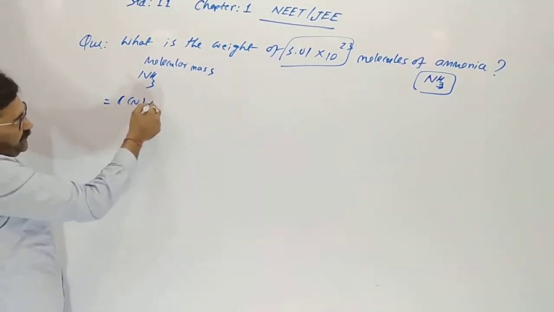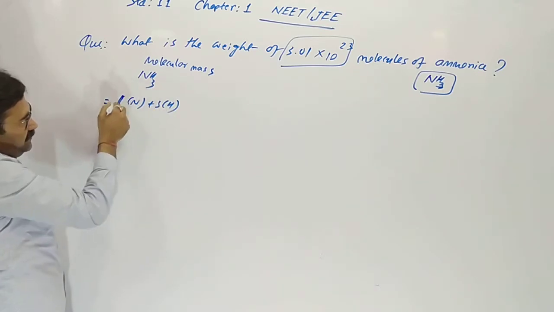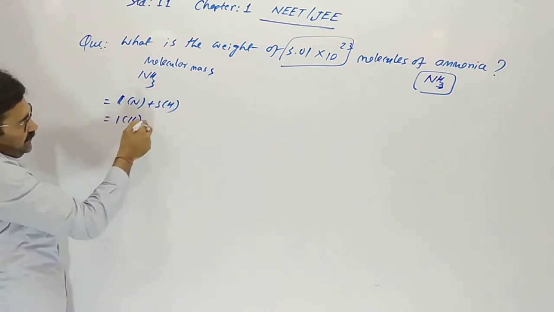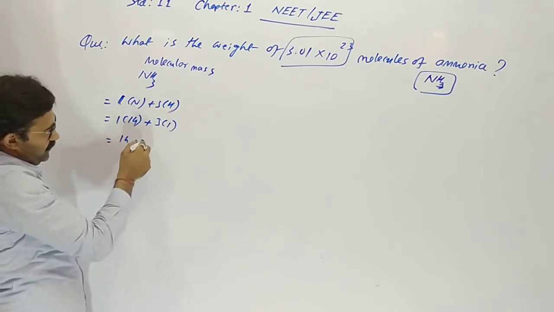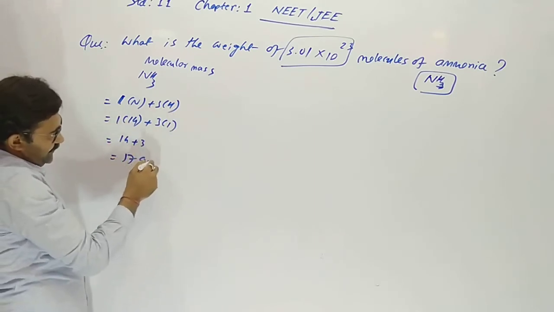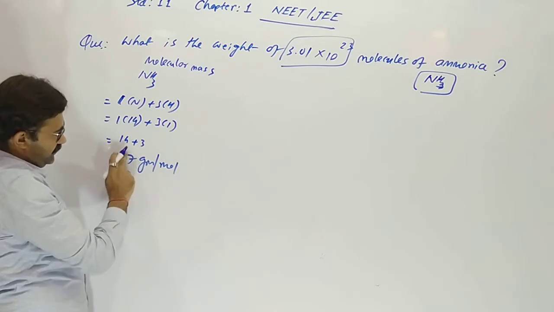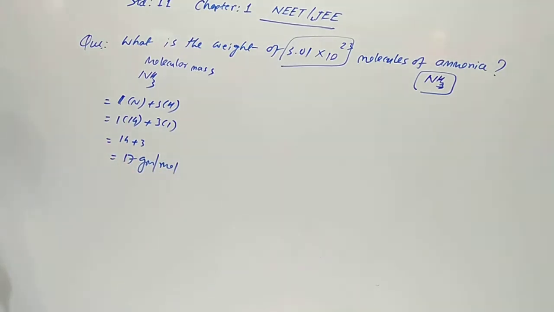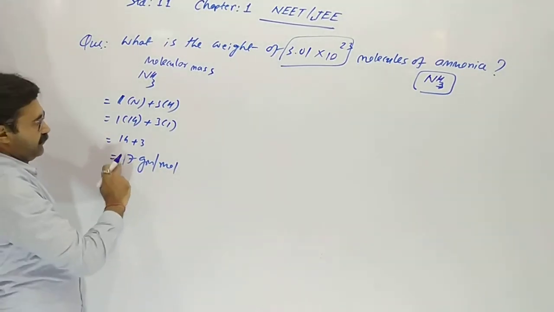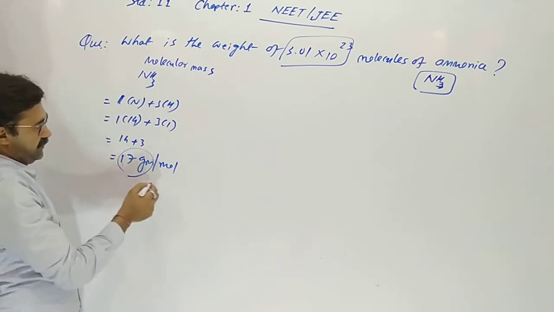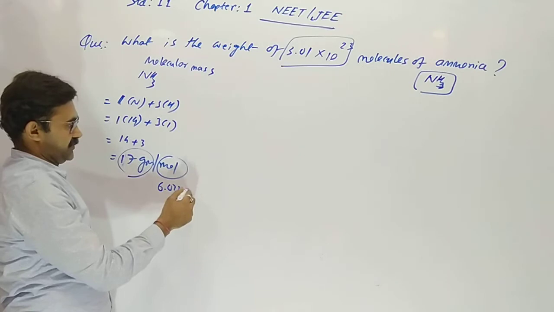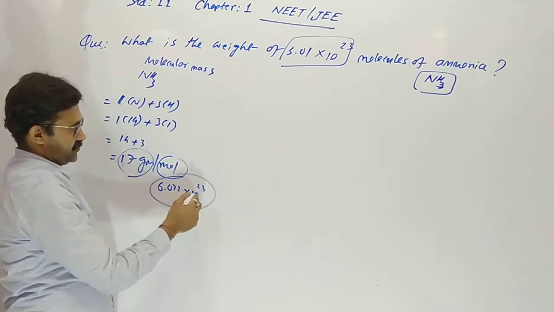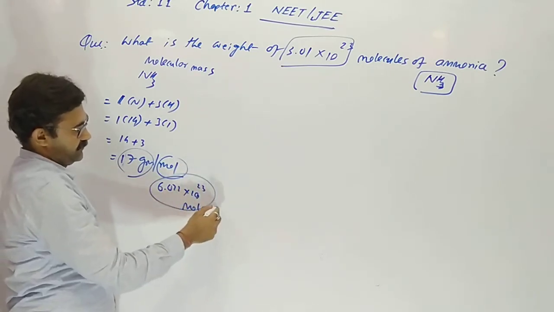Here 1 nitrogen and 3 hydrogen. So nitrogen having 14, 14 plus 3, 17 gram per mole. This is the mass of 1 mole. 1 mole means 6.022 10 raised to 23 molecules.